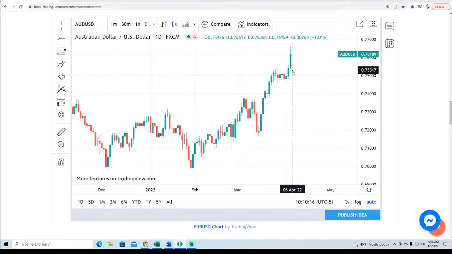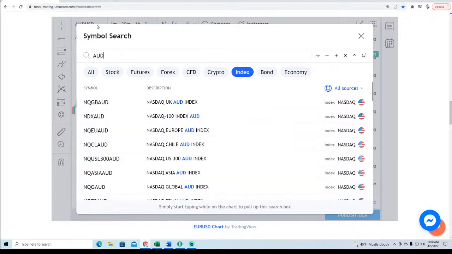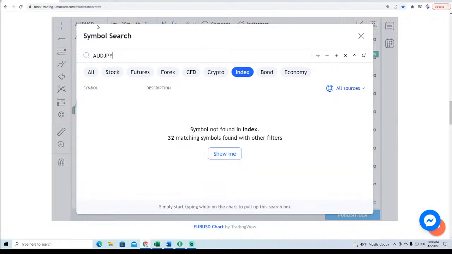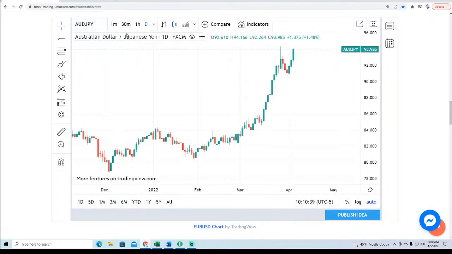Now the Australian dollar is very strong versus the U.S. dollar today. So what does that mean? It means Aussie strong dollar, Japanese weak. Well, if Australian dollar is strong versus the U.S. dollar and the Japanese yen is weak versus the U.S. dollar, then the Australian dollar Japanese yen should be strong.